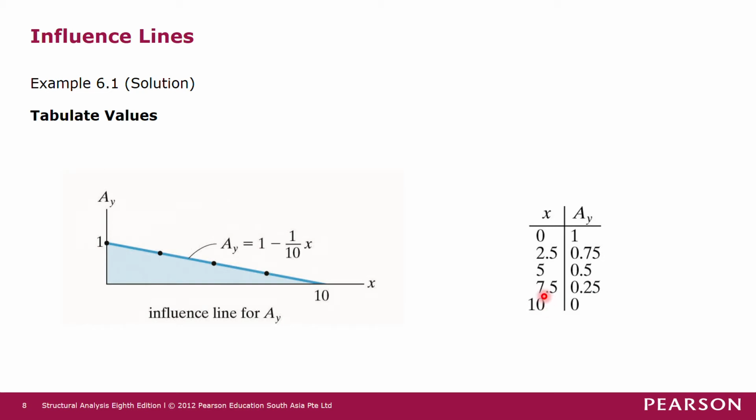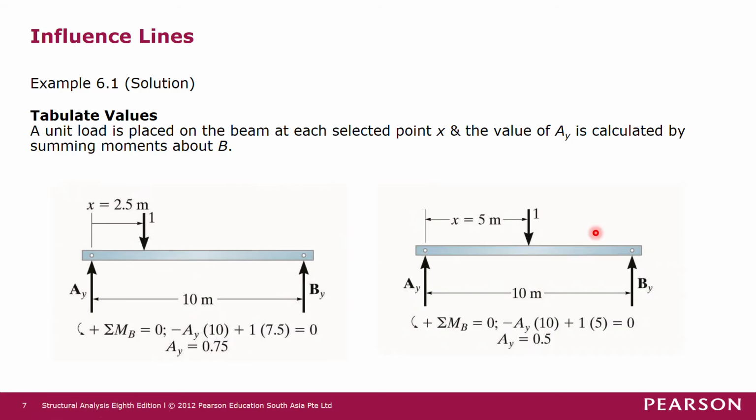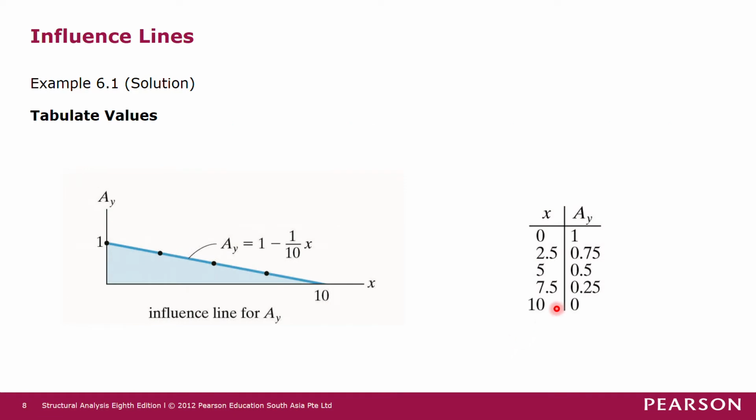And then when the 1 unit force is acting at joint B, if the 1 unit force is here, there will be no more AY. AY equals 0 because the 1 unit force is here, so it does not transmit reactions to AY. Okay, so with all these points, we may plot AY against x. If you plot AY against x, this will be the line that you can get from all these tabulated values.